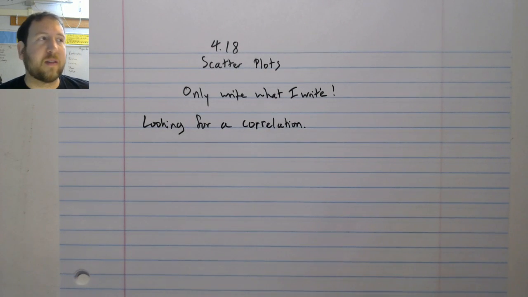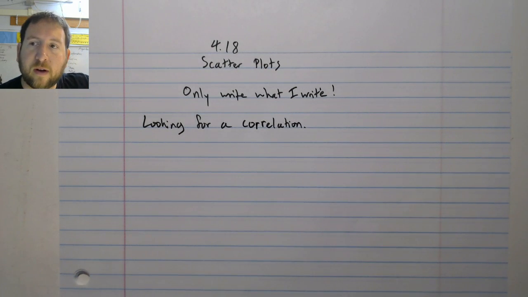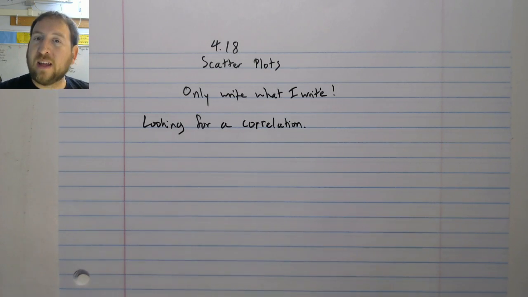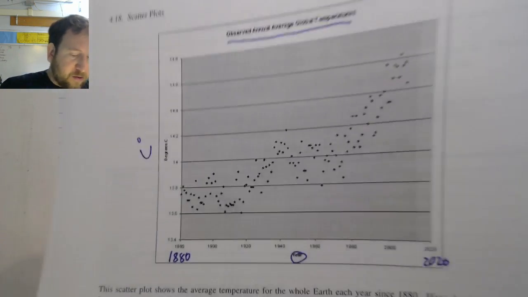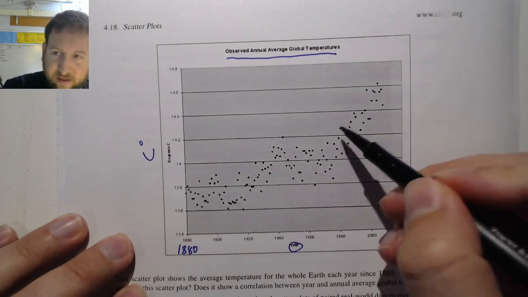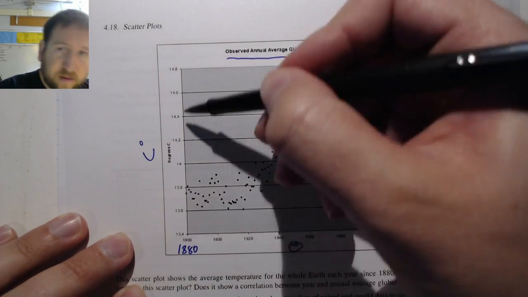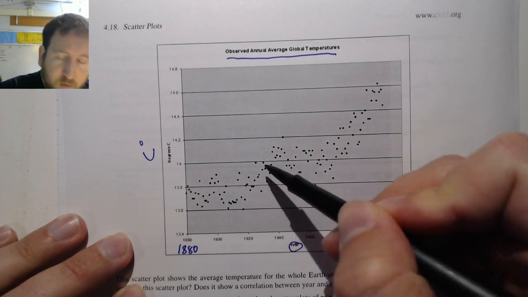Correlation simply means that if I do something to one variable, the other will either rise with it or rise opposite to it. And we're seeing if they are connected. So the two variables that we're looking to see are connected here are time, measured in years, and the degrees. So the question is, over time, does it go up?